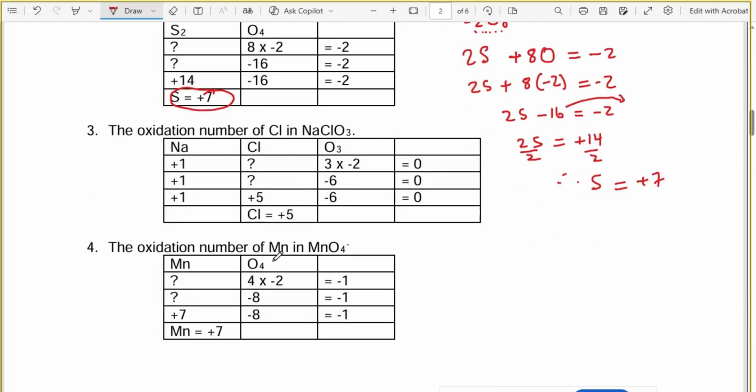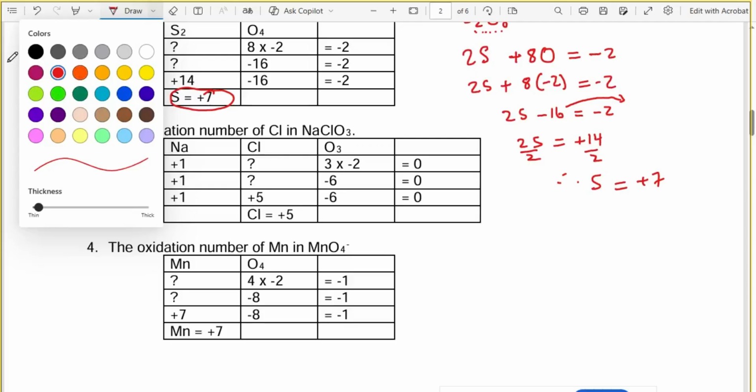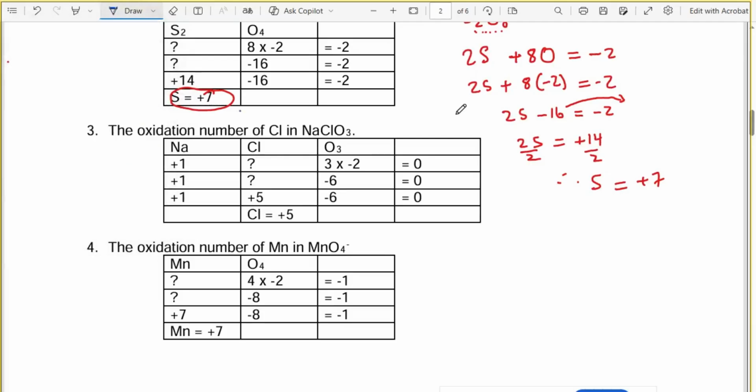100%. So let's do more examples of that. You can see if there's something new that you need to know. So the oxidation number of chlorine in, so now we are given sodium, and then we have Cl, we have 3 of oxygen.